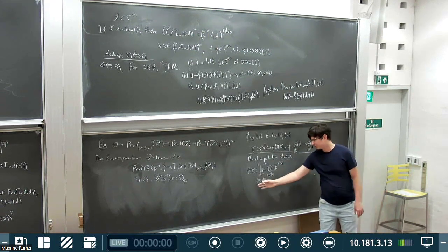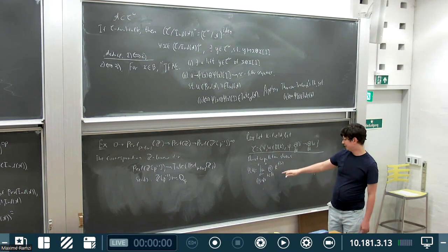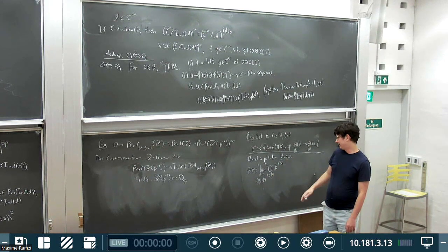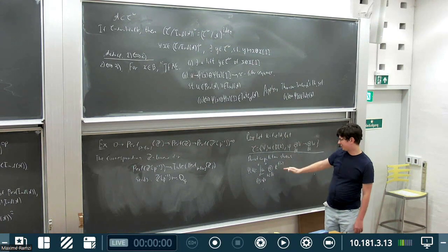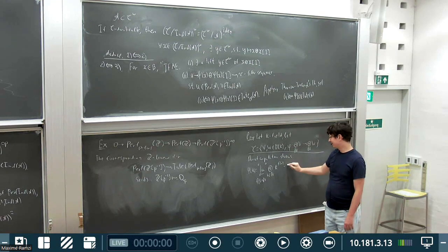And of course, the partial order is just pointwise in this poset. And the transition maps are just projections, coordinate projections. And this is not a Tate object.